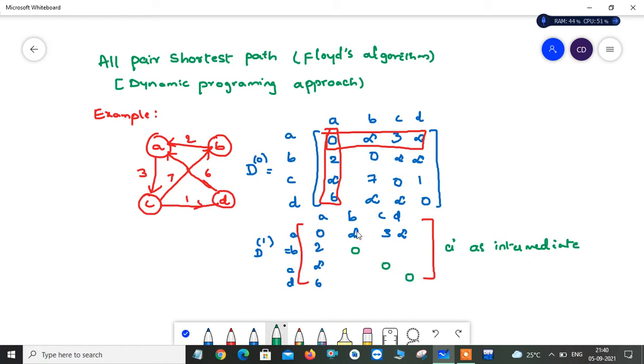Now you have to find the remaining things. Here from B to C I didn't have any direct path. Because of that, in my previous matrix, the path distance is infinite.